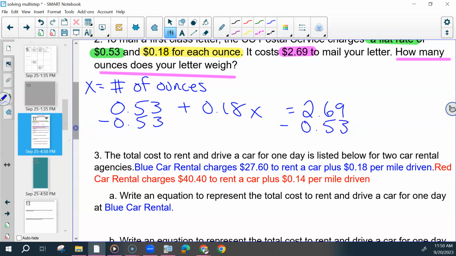Subtract that, tell me what you get. Divide both sides. And what would we get?